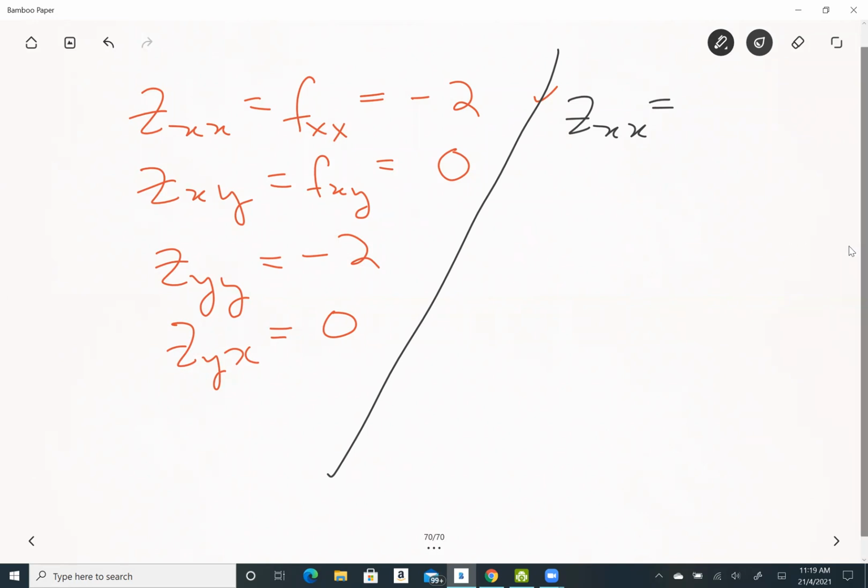So if you go back to that example, zx is 5x to the power 4 multiplied by y to the power half. So for zxx, the constant is the 5, okay? And then you differentiate x to the power 4 with respect to x. So what do I get? I get 4x cubed.